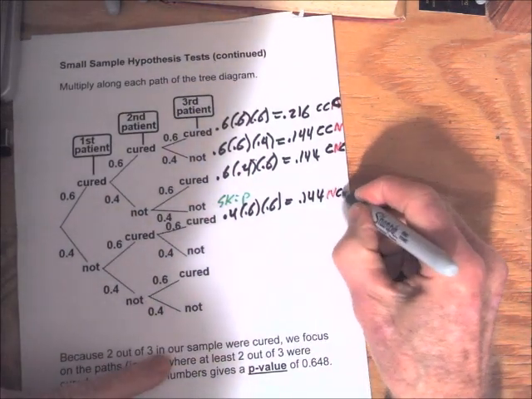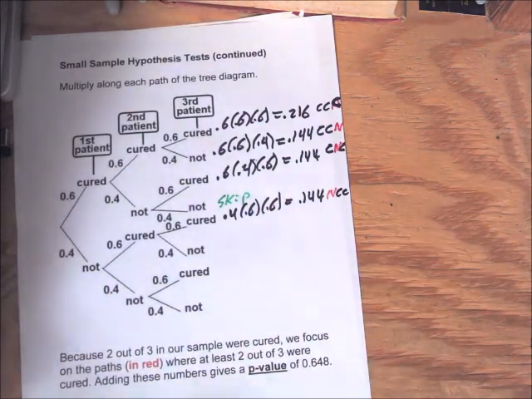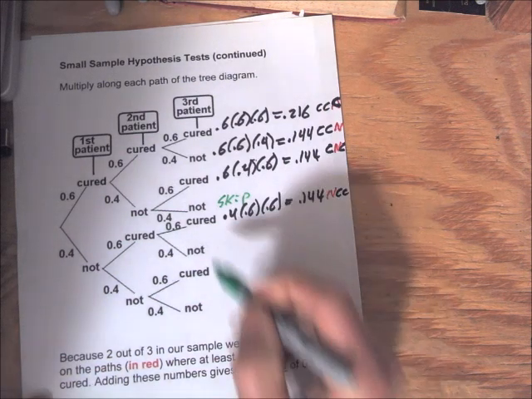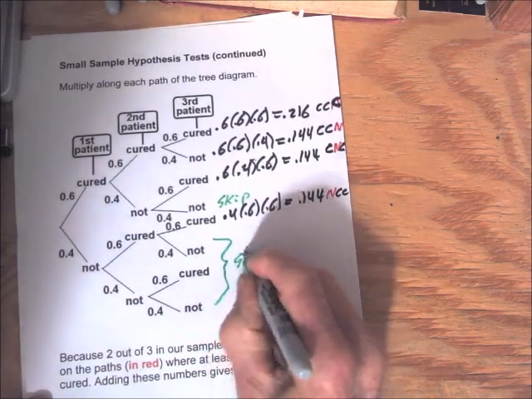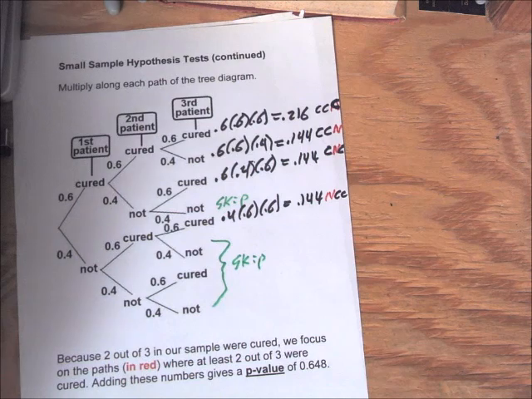Not and 2 cured. And we can skip the rest of these paths. We only need the paths where at least 2 of the 3 were cured.